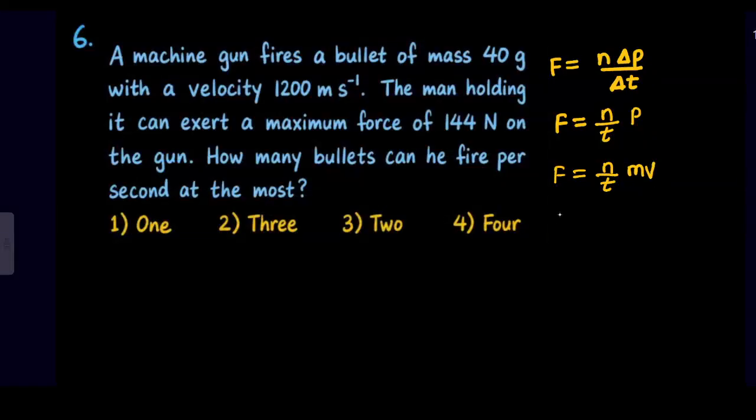So the F value given to us is how much now? 144, which will be equal to n by t, mass given as 40 into 10 power minus 3, and velocity given as 1200.